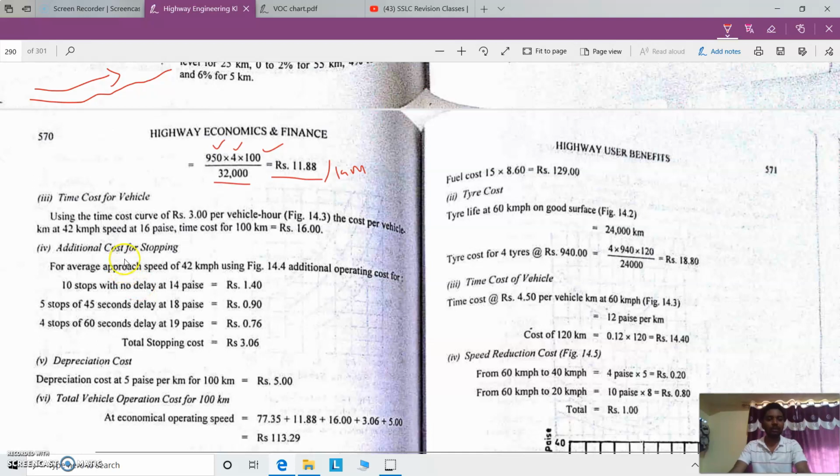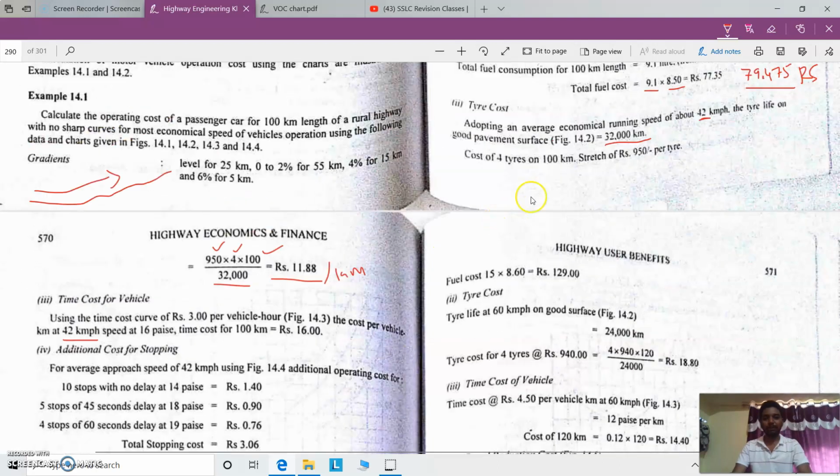Next, the time cost for the vehicle. In the question the time cost is given as 3 rupees, using the time cost curve, figure number 14.3. For 3 rupees per vehicle hour, we find the cost per vehicle hour at 42 kmph. This 42 kmph is considered because we have already taken this speed as the average economical speed.